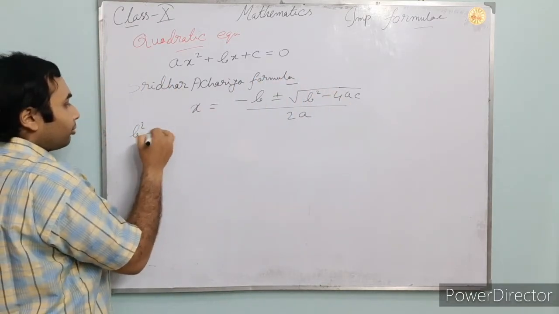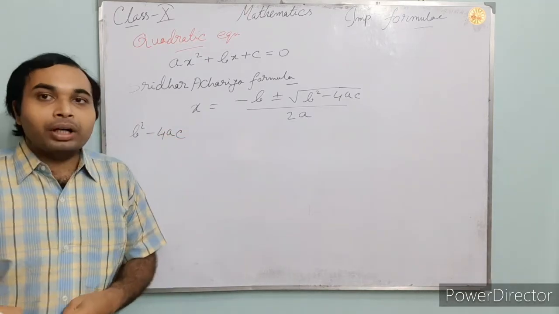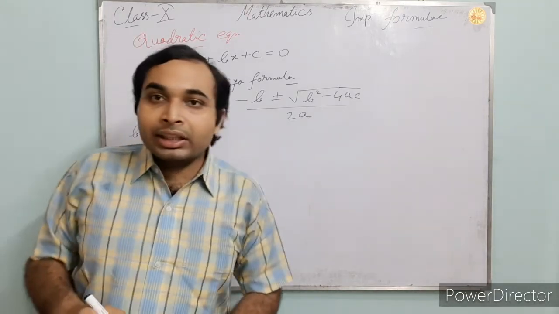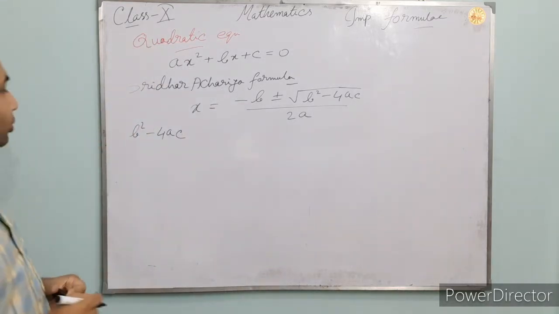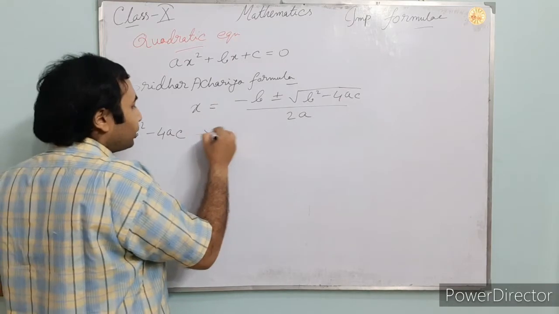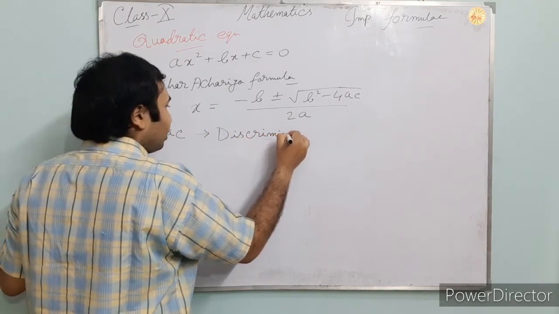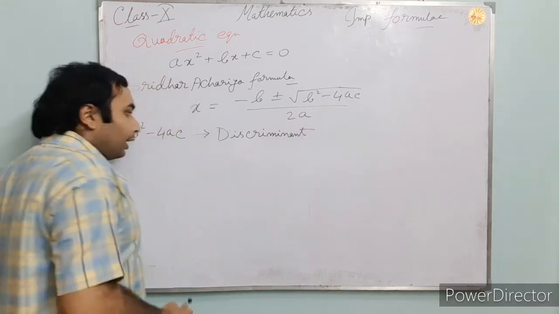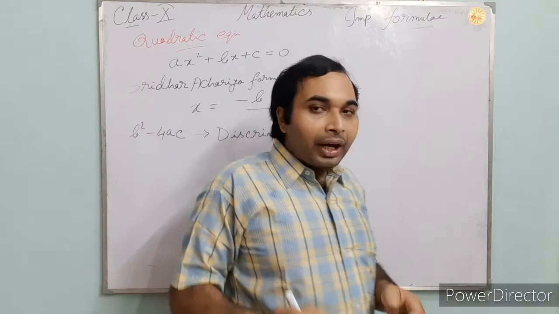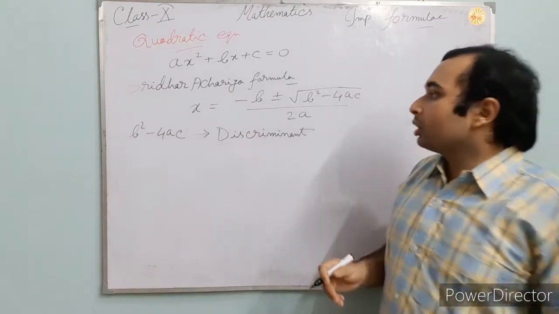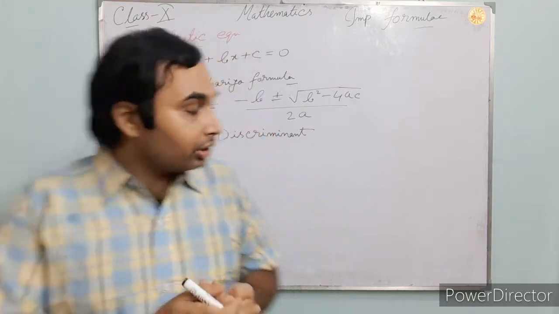This part, b square minus 4ac, is called the discriminant, and on this one only we can find the nature of the roots: whether the roots will be real or complex, distinct or equal.